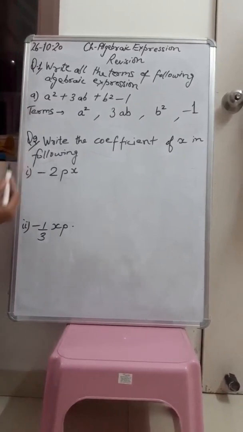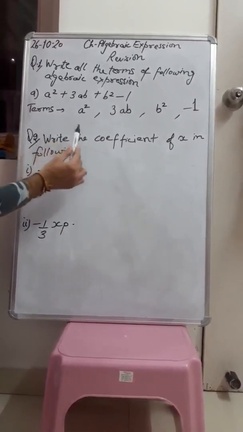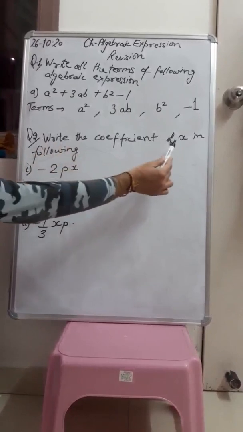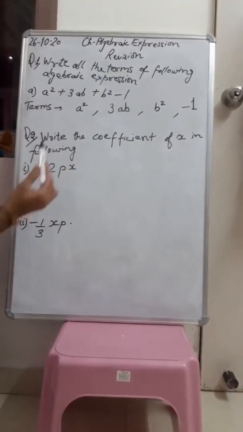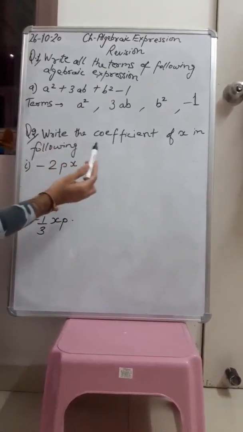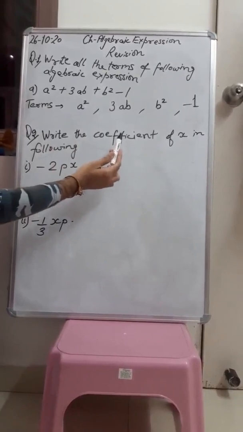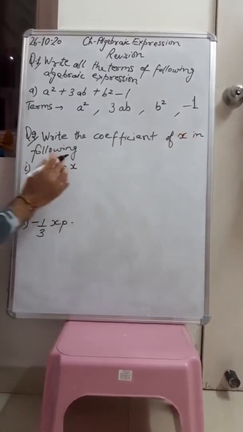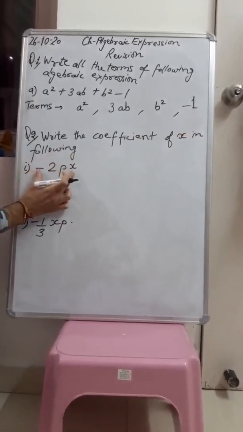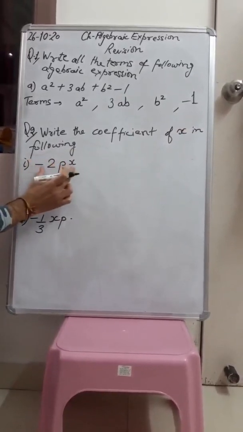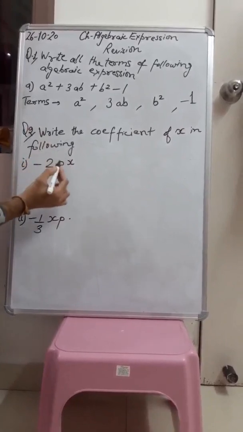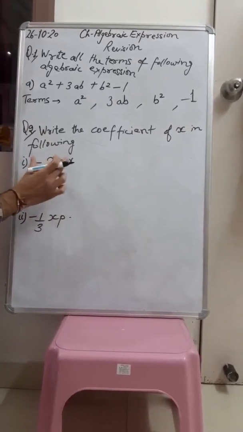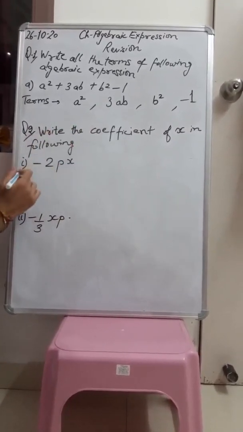Now question number 2 is write the coefficient of x in the following. Here we have been asked to write down the coefficient of only x. This is a monomial term, and in this monomial term we can see that there is an x, and we have been asked to find the coefficient of x.